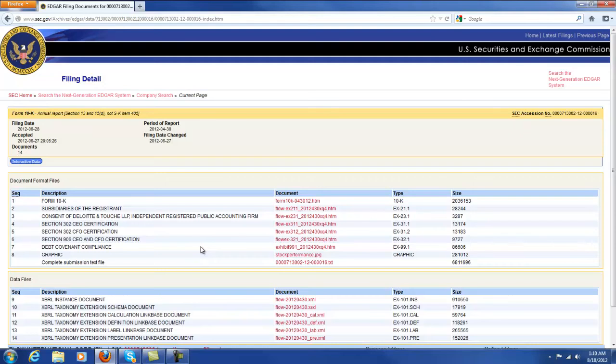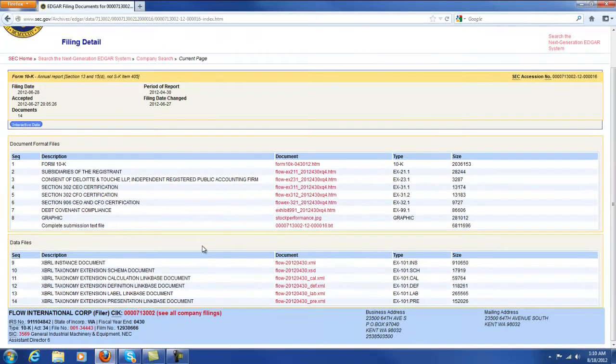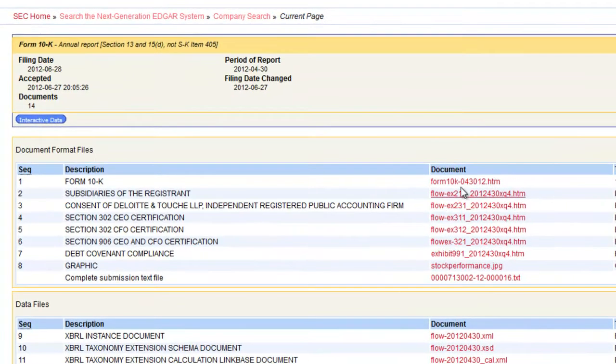When you arrive at this page, you might get a little frightened because there's all kinds of links here. Really the thing that you want to access is usually the first link, form 10K.htm.